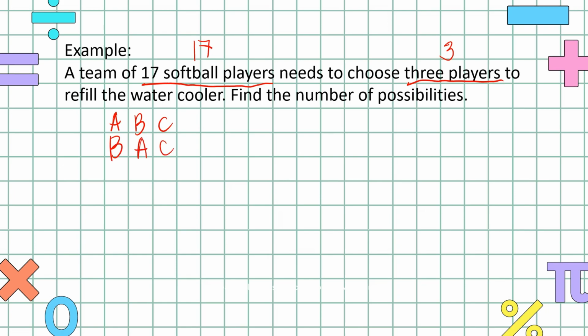Now, based on the problem, is choosing players A, B, C different from players B, A, C? The answer is no. They are not different. They will be taken the same, since our goal is just to pick 3 players regardless of the order. So the order here does not matter.